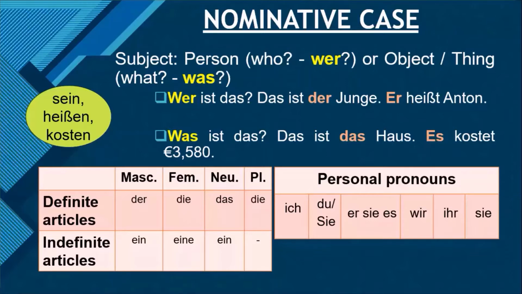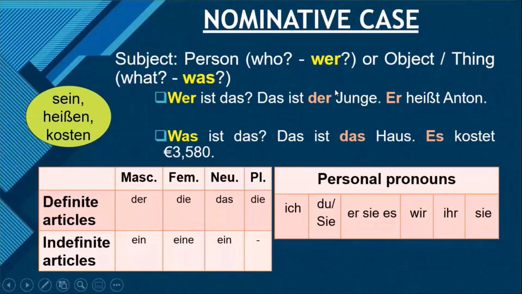So in the most basic nominative case, the subject is the most important part of the sentence or the question. Now this subject can be a person or a thing. This subject, which is a noun, will have a certain definite or indefinite article depending on the gender of that noun.